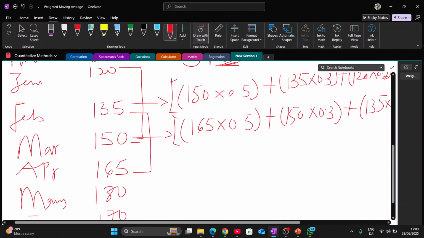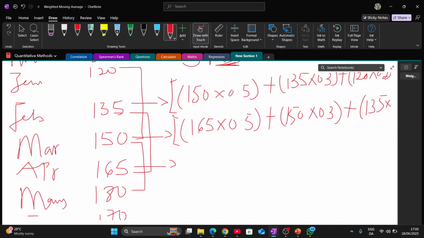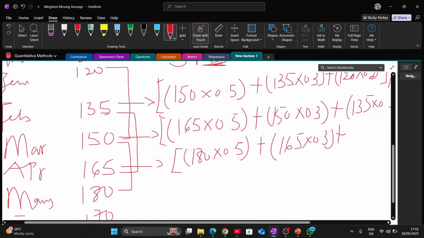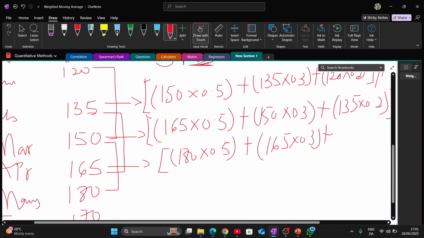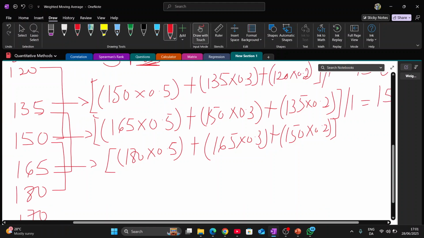So the next one is going to be for 150 to 180. The most recent data is 180 times 0.5 plus 165 times 0.3 plus 150 times 0.2, all divided by 1.